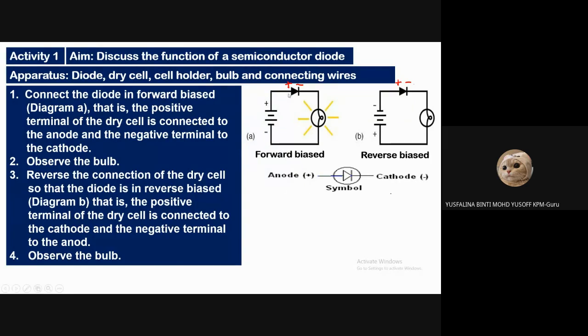Let's say sometimes they put the bulb here, and they put the diode here. I know some of you say this one means the bulb already passed, the current already passed through the bulb, so it can light up.